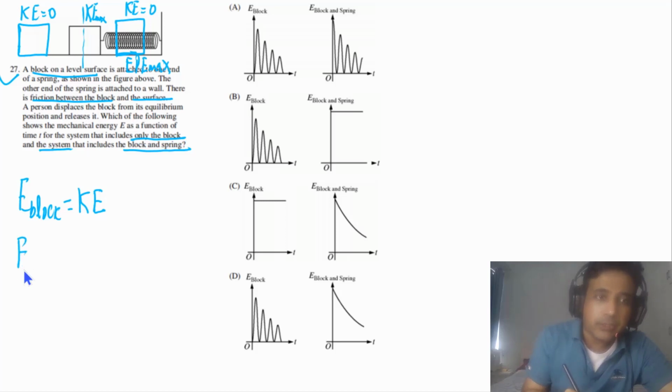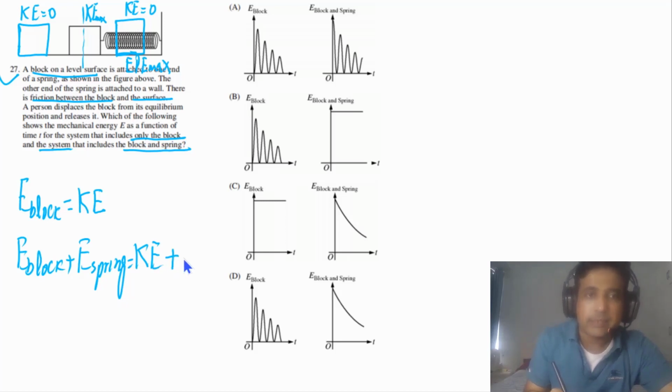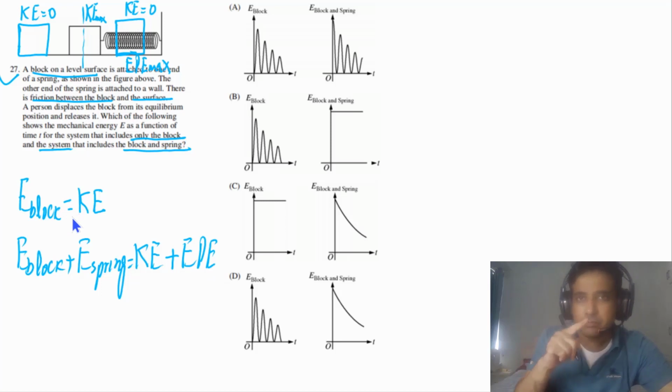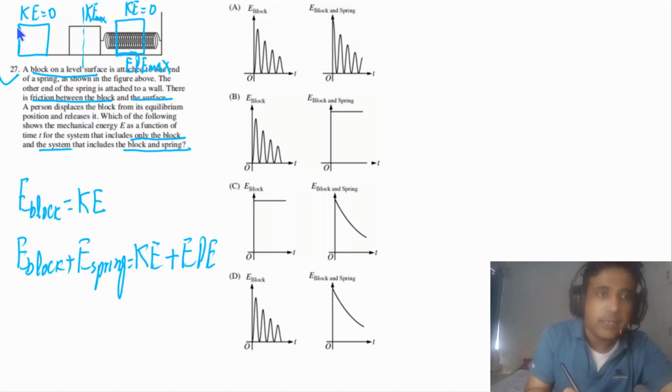But energy of the block plus energy of the spring is equal to kinetic energy plus EPE. So in this case, kinetic energy magnitude will increase when it is moving towards equilibrium. When it reaches equilibrium, it will be maximum, and then it will start decreasing, and kinetic energy will be 0 when it is at extreme position.